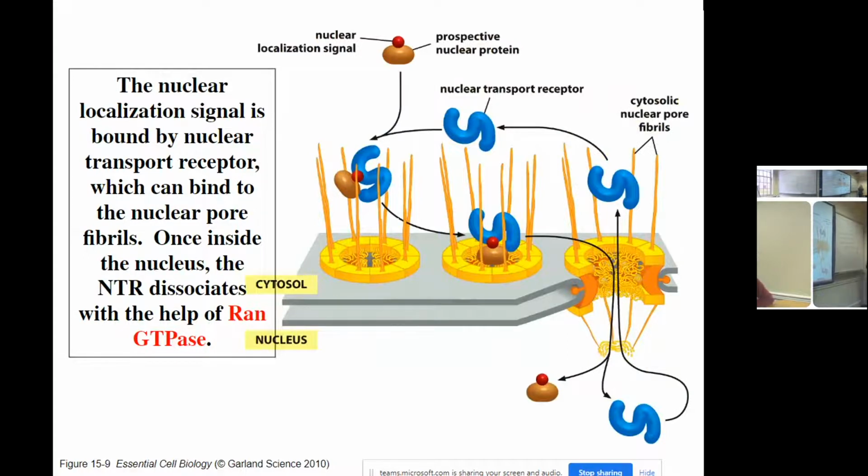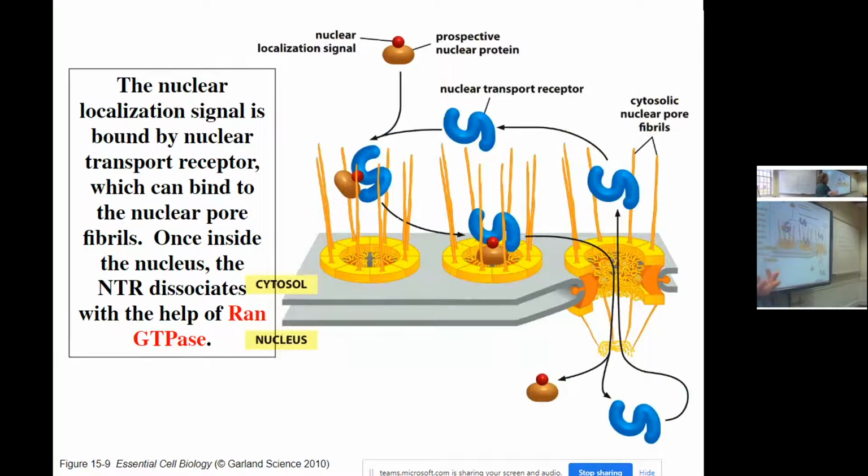And to do the ripping apart, RAN GTPase has to spend the GTP, kind of in a similar way as spending an ATP. So it requires energy for this enzyme RAN GTPase to get these two apart and separate them. And then what's going to happen? So if you've got this picture, you could write right here the word RAN GTPase.